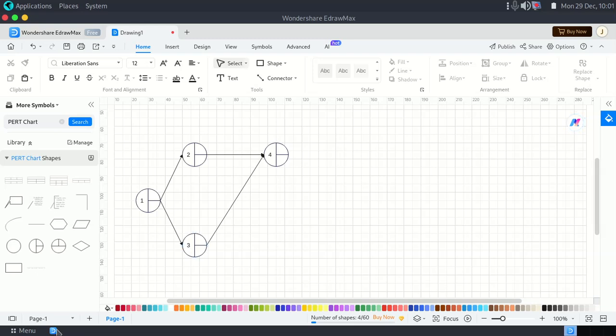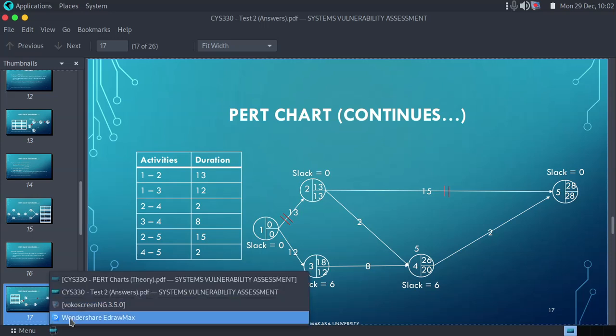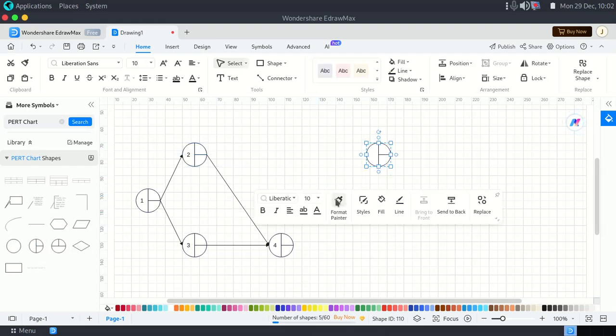Now we can see that 5 is coming from node 2. Notice that our 2 is here, so maybe I can drag this to the bottom to give space for our node 5. So node 5 can be there.